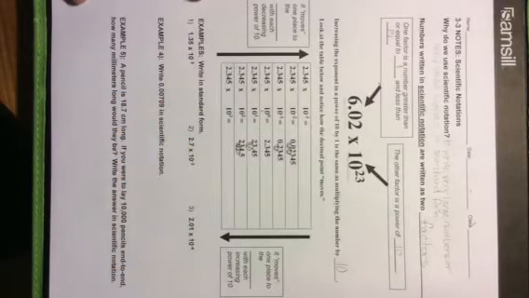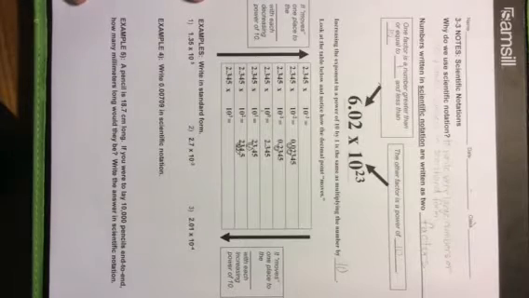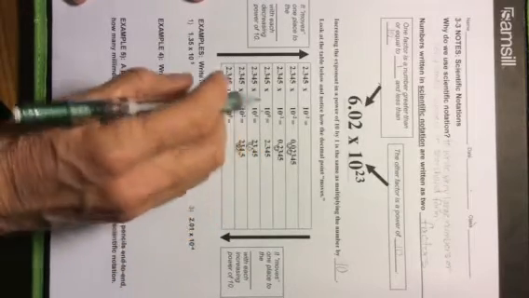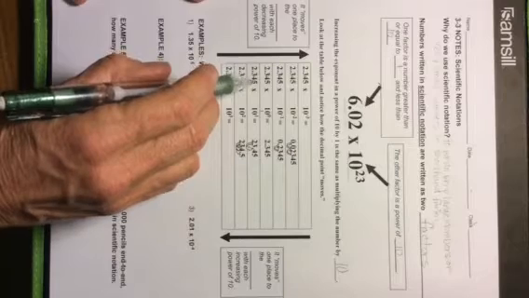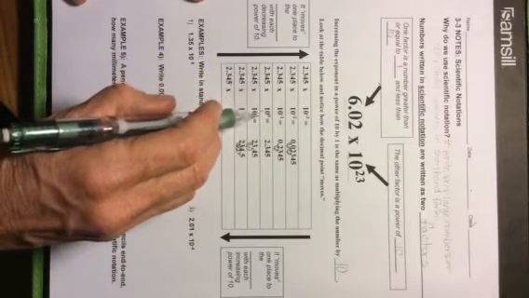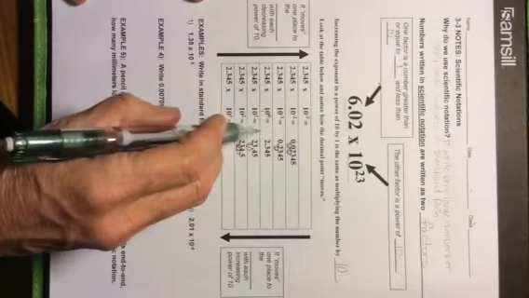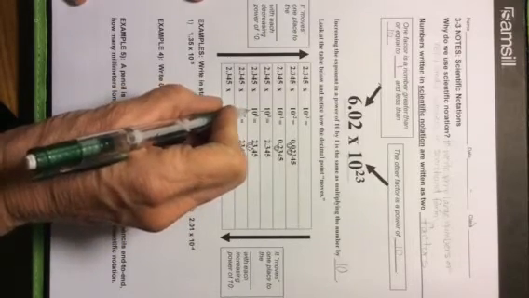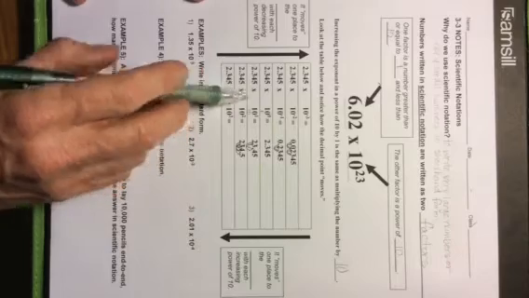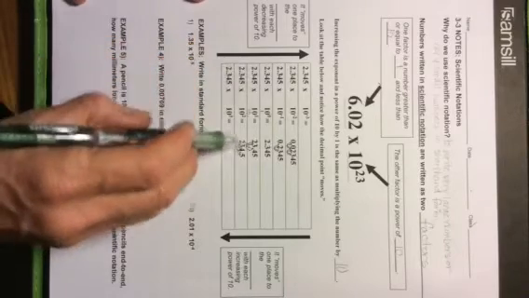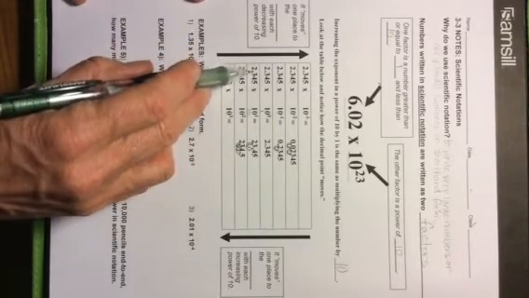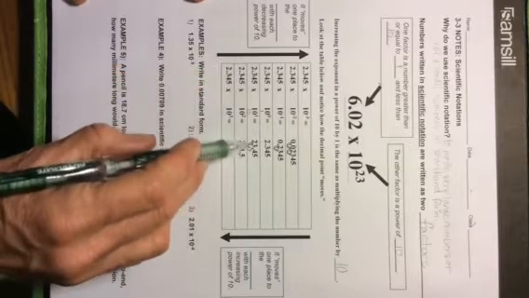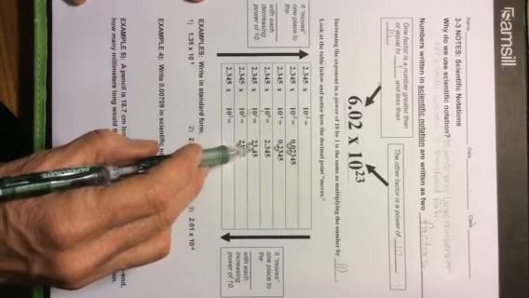So let's go down the chart first. If we multiply 2.345 times 10 to the first power, that's one factor of 10. When we multiply by 10, we're just moving the decimal point on 2.345 over one place value.